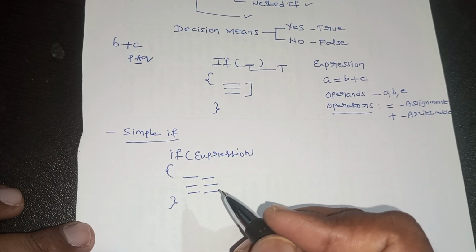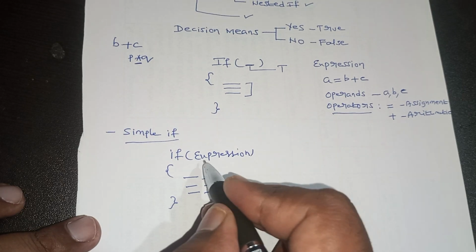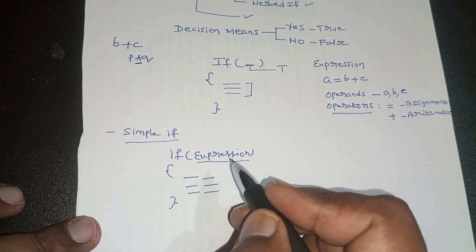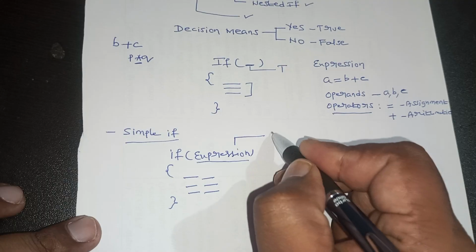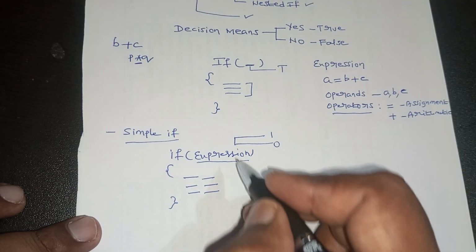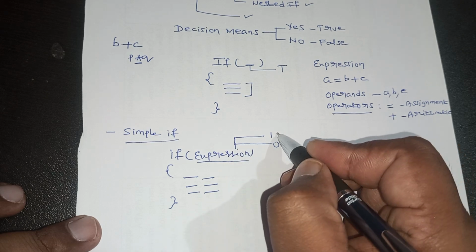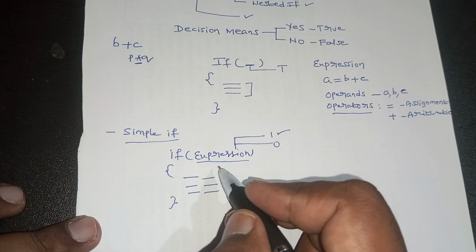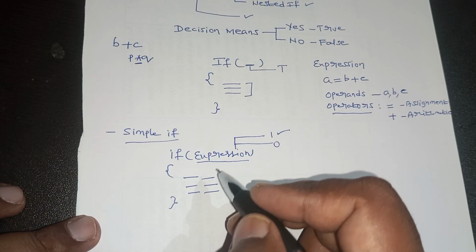Always make a note: this expression gives two values. It may be 1, it may be 0. 1 means the condition is true. When you take an example, it is very easy to understand. First let's go with the theory.